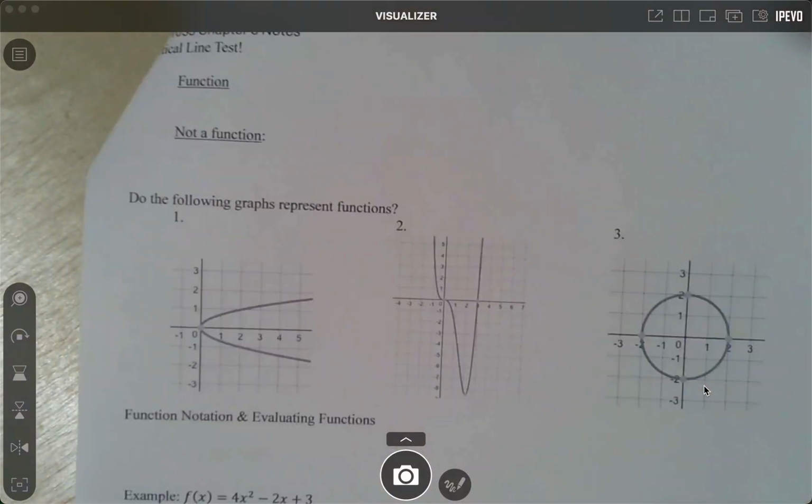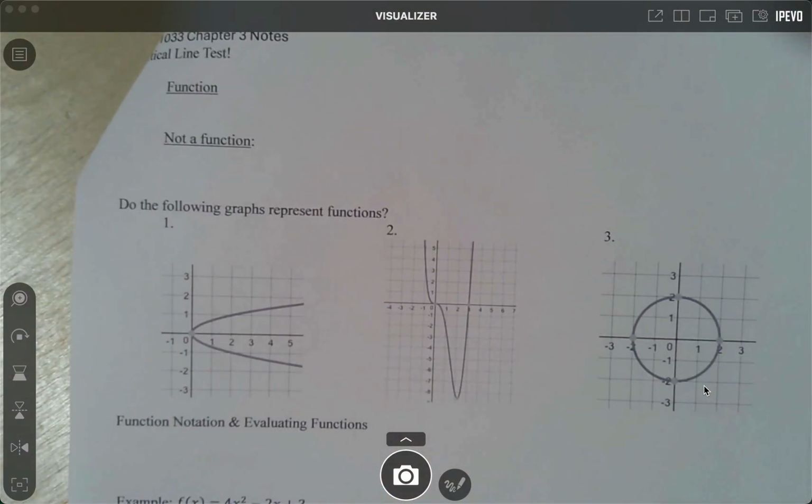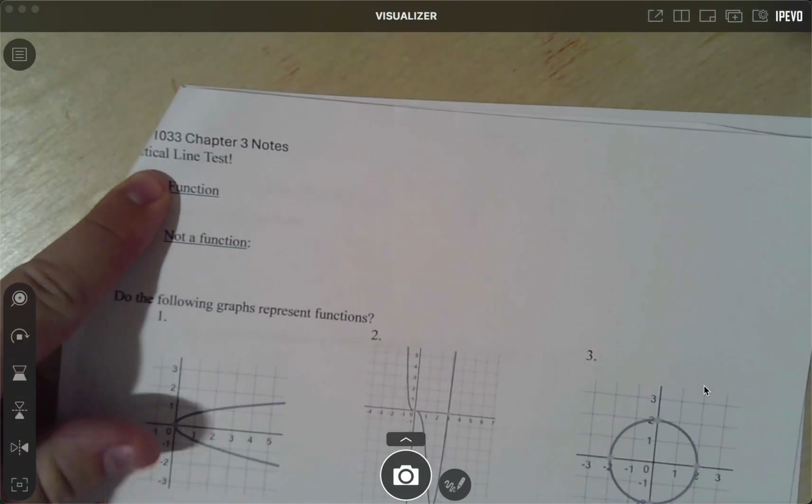All right. Of course, there's a graphical way of dealing with this. So there's such a thing as the vertical line test.